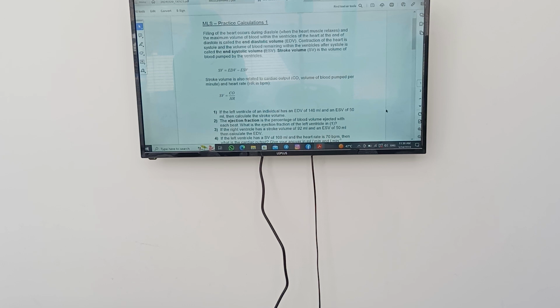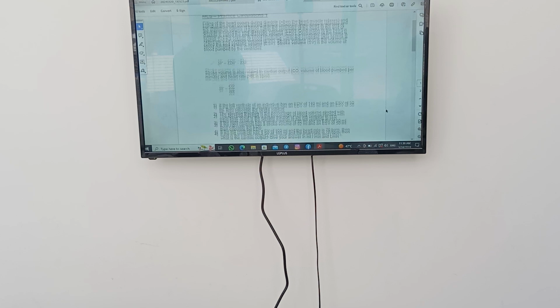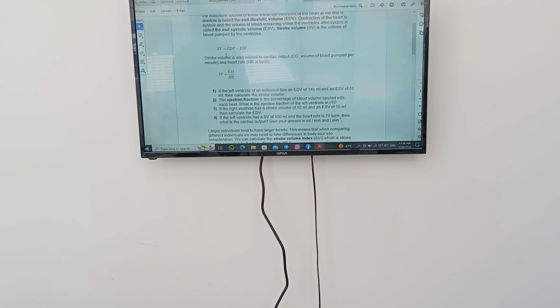Stroke volume is the volume pumped by the ventricles. It means the blood in general that goes in and out of the heart during the action of pumping. How do we know the stroke volume? You're going to say EDV minus ESV: end diastolic volume minus end systolic volume. Stroke volume is also related to cardiac output.